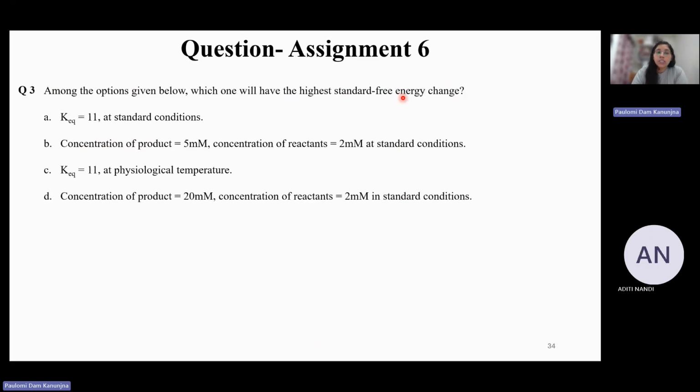Okay, let's come to this. Among the options given below, which one will have the highest free energy change?